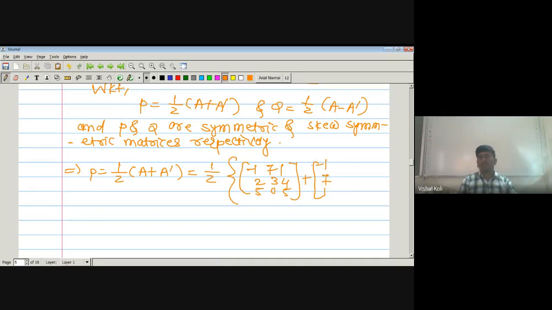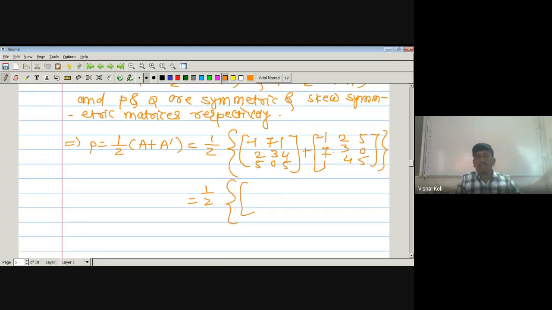This equals 1/2 of the matrix: -1 plus -1 is -2; 7 plus 2, 9; 1 plus 5, 6; 2 plus 7, 9; 3 plus 3, 6; 4 plus 0, 4; 5 plus 1, 6; 0 plus 4, 4; 5 plus 5, 10.